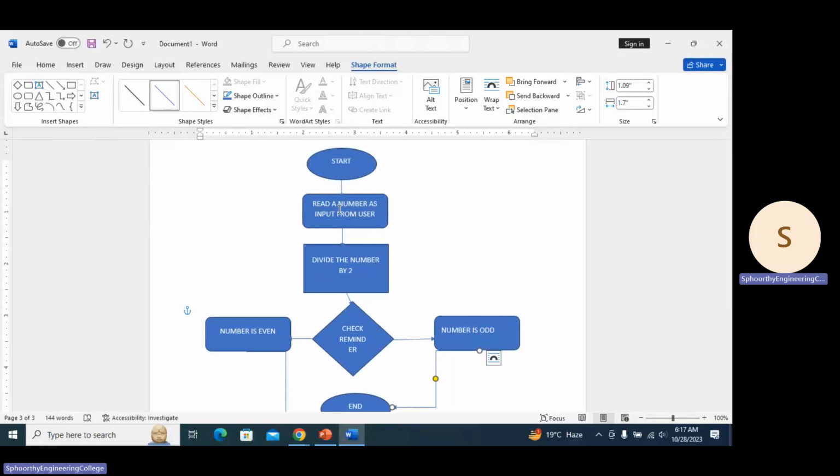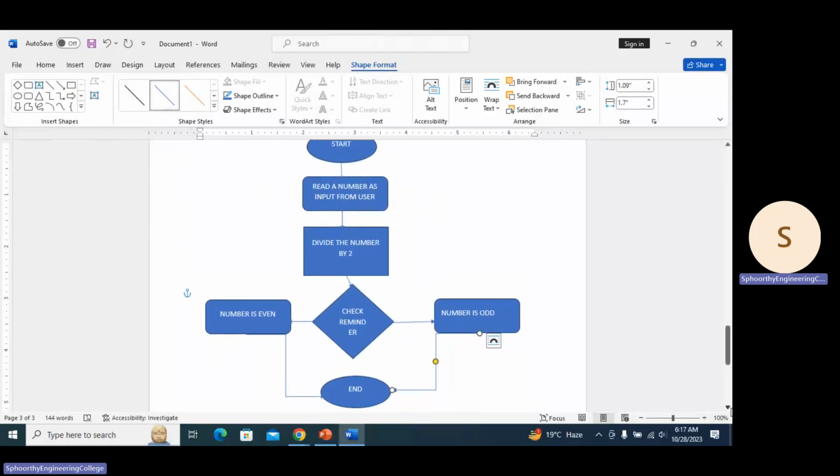For input and output, again a parallelogram should be used. So check the remainder. If the remainder is 1, the number is odd. If the remainder is 0, the number is even. Only one of these two steps will run based on the input. Suppose my input is 10: 10 divided by 2, 2 fives are 10, remainder is 0, so it will print the message number is even, and then the program terminates.